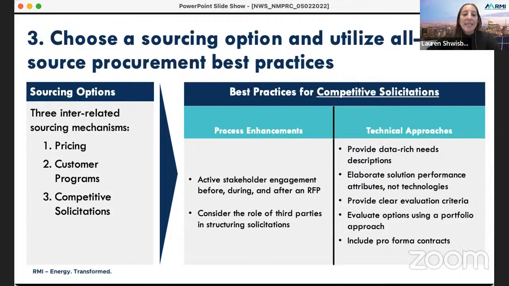And then the technical approach that I really wanted to highlight is that a portfolio approach is often really critical to evaluating bids. DERs are highly interactive with one another. So folks evaluating bids typically want to model them together, acting in concert to understand the combinations that can best meet the need at the lowest cost.